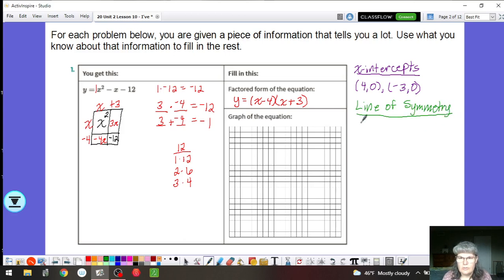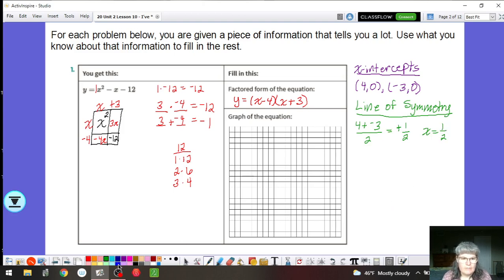We add the intercepts together and divide by 2. So we will have positive 1/2, or x equals 1/2 for our line of symmetry.